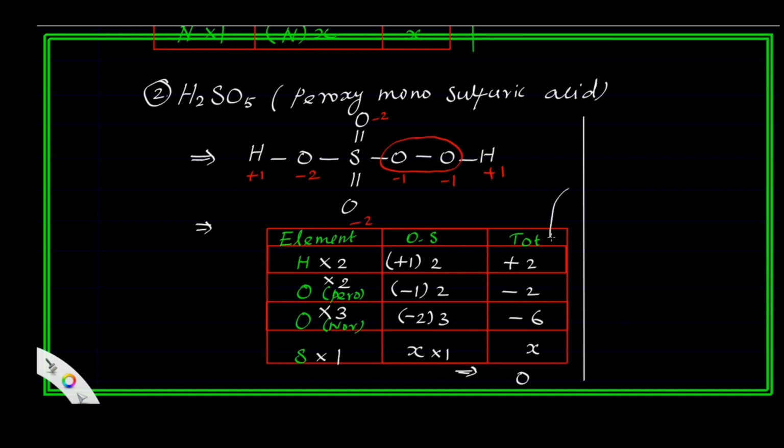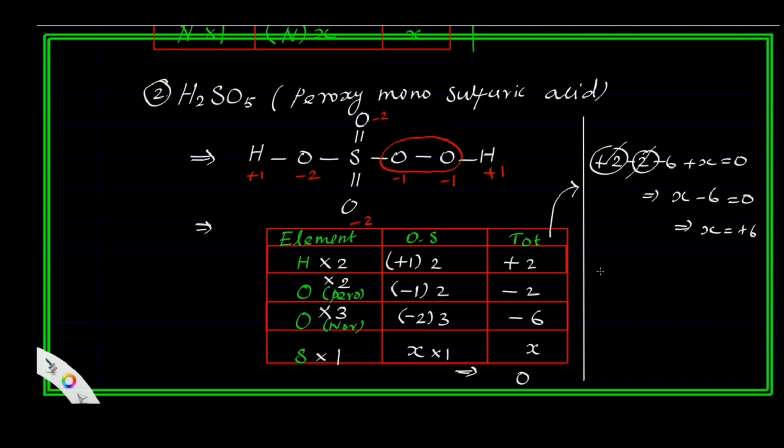On simplifying these values, +2 -2 -6 plus X is equal to 0. Here +2 and -2 are cancelled, so we have X minus 6 is equal to 0. This implies X is equal to +6.